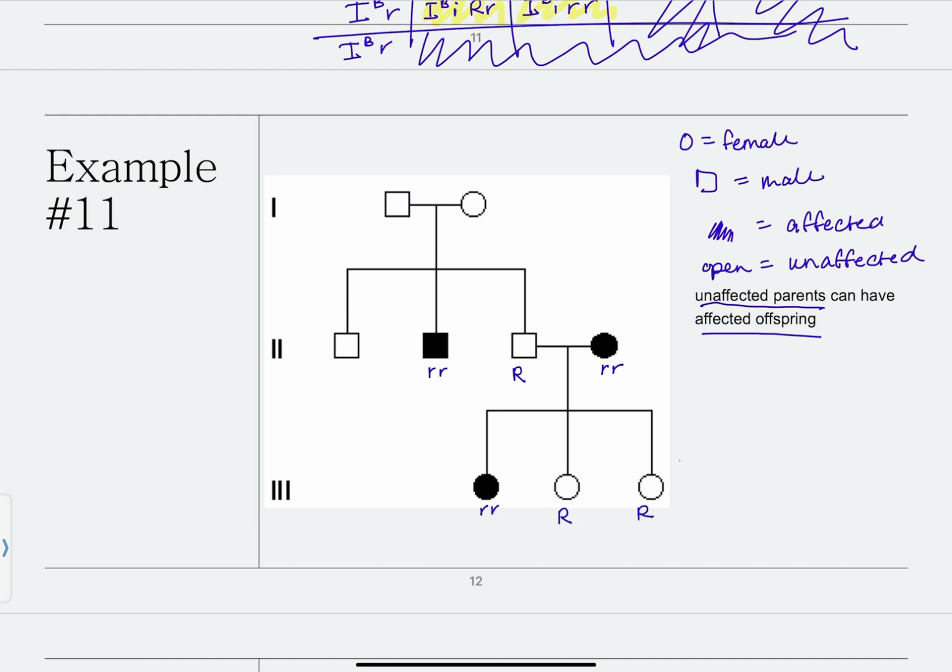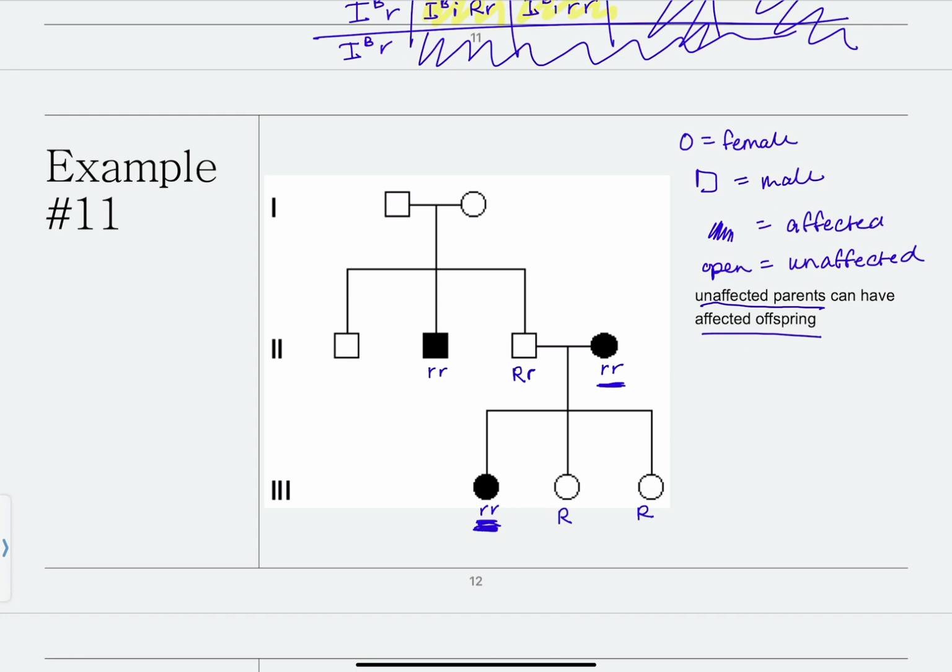They're unaffected, they have to have a dominant allele. Well, looking at this affected child right here who has 2 recessive alleles, they couldn't have gotten both from the affected mom up here. Remember, for the alleles of offspring, one had to come from mom and one had to come from dad. So that means the dad's other allele had to be recessive if they had an offspring with 2 recessive alleles.